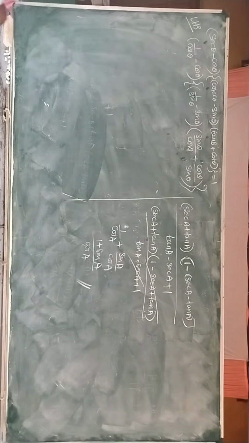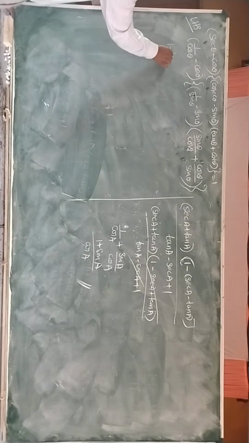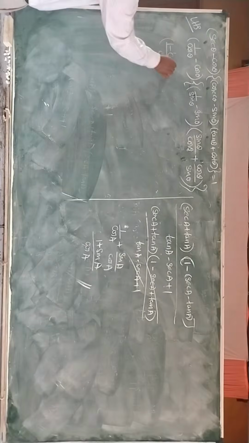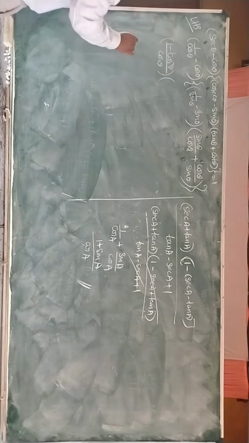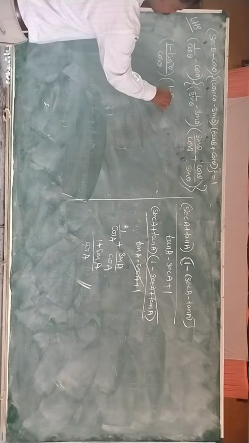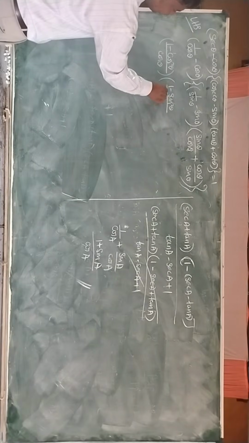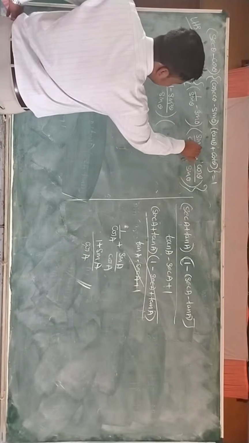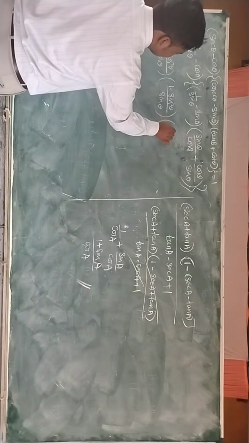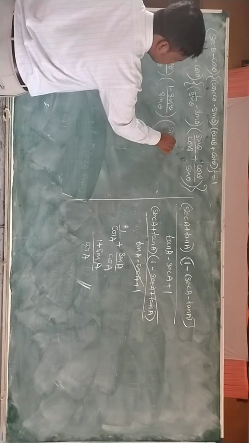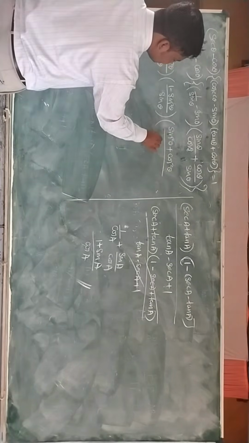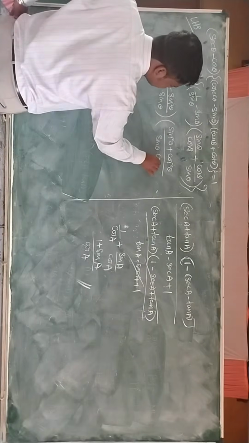So now 1 minus cos square theta divided by cos theta, into bracket 1 minus sin square theta divided by sin theta. Here sin theta into sin theta, sin square theta, cos theta into cos theta, cos square theta, divided by sin theta into cos theta.